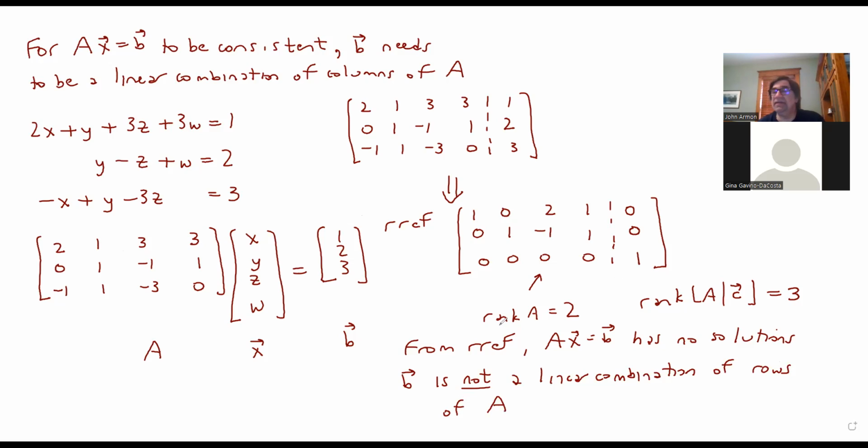And this is telling us that it's not going to be possible. So identifying whether something is going to be a linear combination or not, we can then see whether our system is going to be consistent or inconsistent. So this one is going to be an inconsistent system, meaning no solution. So if we did have a consistent system, we'd be able to write vector B as a linear combination of the rows of A.